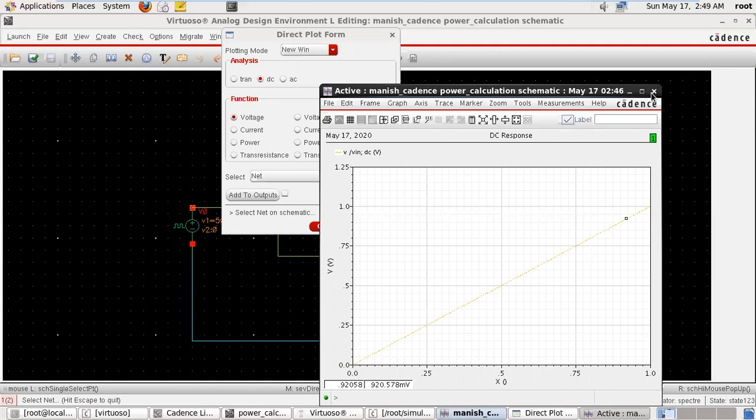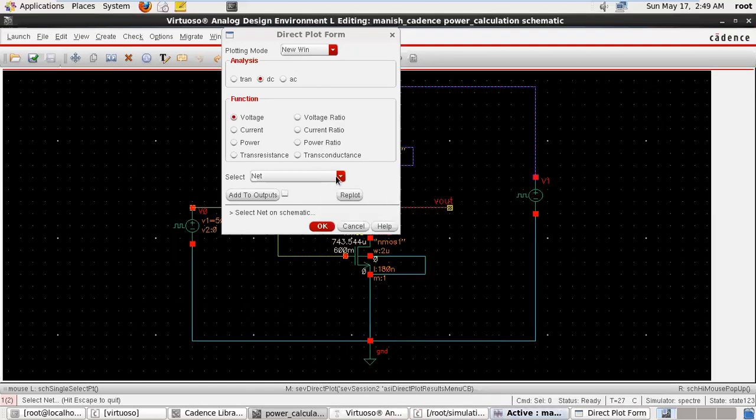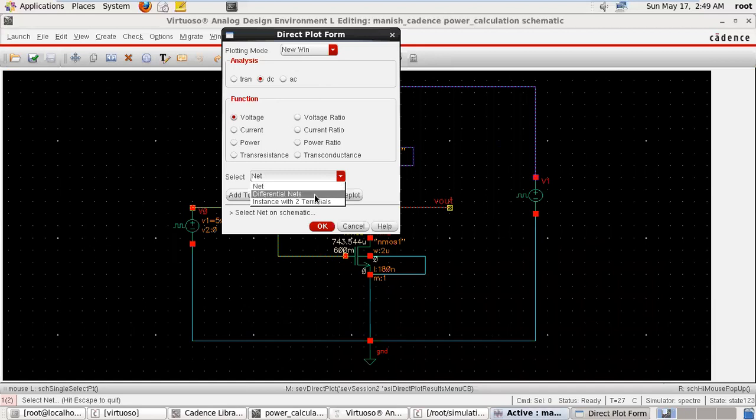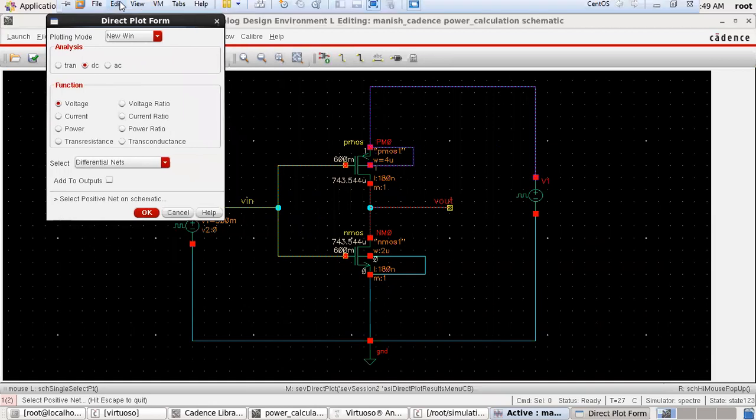So you can get the node voltage with respect to the ground. Now if we select the differential net, you should select two wires for the plotting. When the differential net is selected, see here: select positive net for the difference A minus B. So first select the positive net on the schematic.